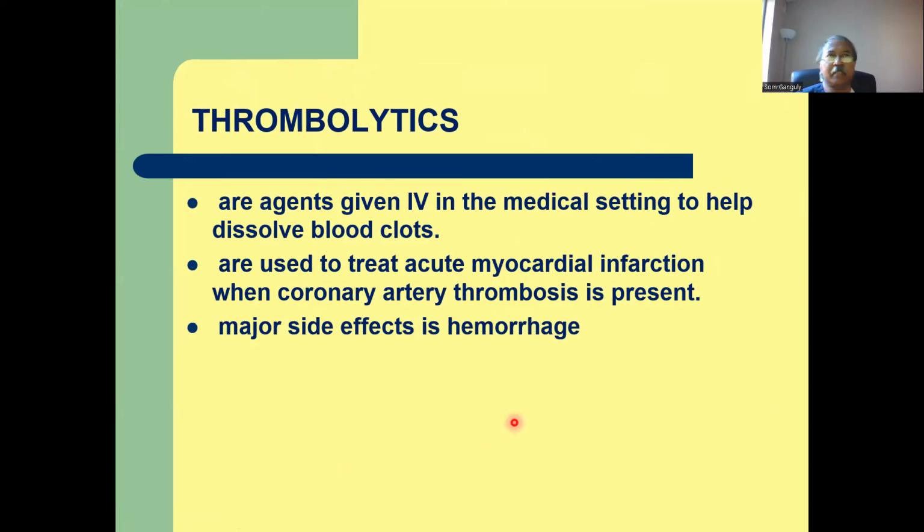Thrombolytics, on the other hand, are a rather stronger and effective medicine, discovered or invented these days. They break down blood clots. When a person has a heart attack, there is a blood clot sitting in the coronary artery, which is called thrombosis.